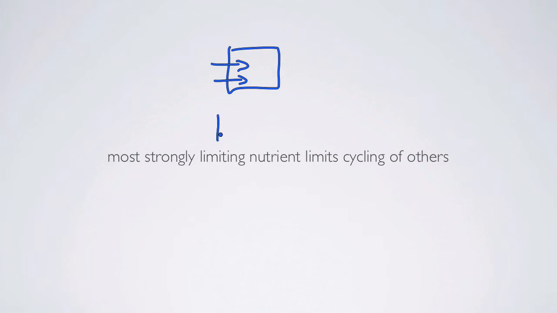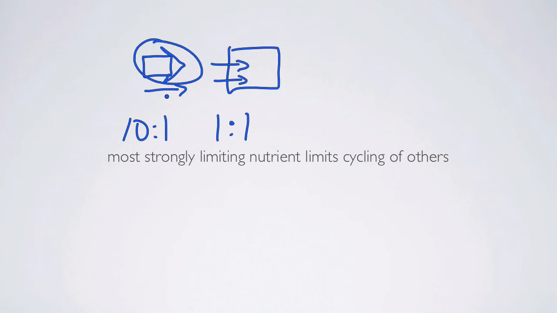And let's just say that ratio is 1 to 1. But if one of those elements is supplied at a ratio of 10 to 1, then the uptake is still going to be a 1 to 1 ratio, typically. And so therefore, although this element is being supplied at a much higher rate than the other, the actual cycling is constrained by the requirements of the plant.